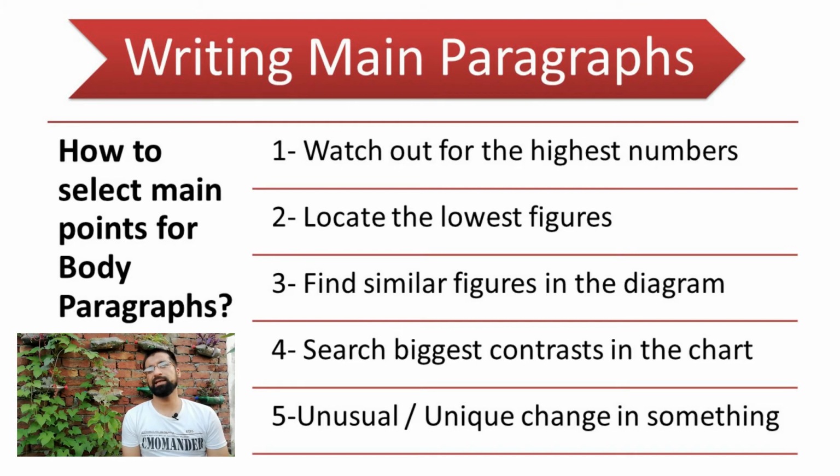All these things are considered the most important things in the diagram. They will help you to select the most important information that you can write in your main paragraph 1 and 2. The last step is to present the contents that you have extracted from the diagram.